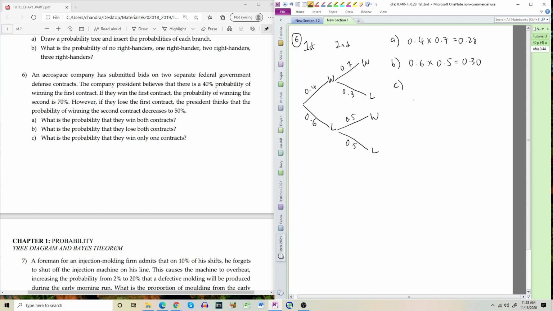And what is the probability that they win only one contract? Winning only one contract, win, lose. Lose, win.